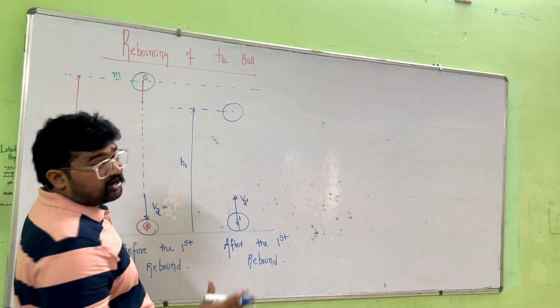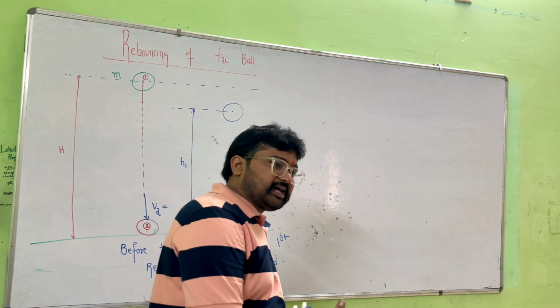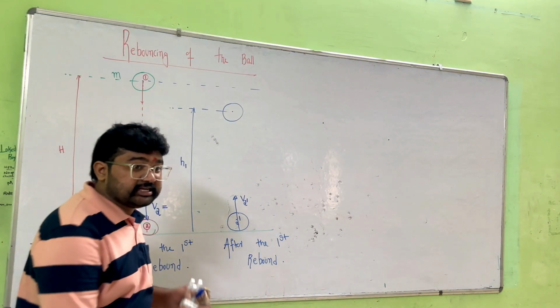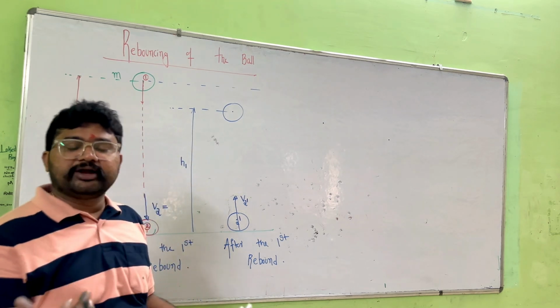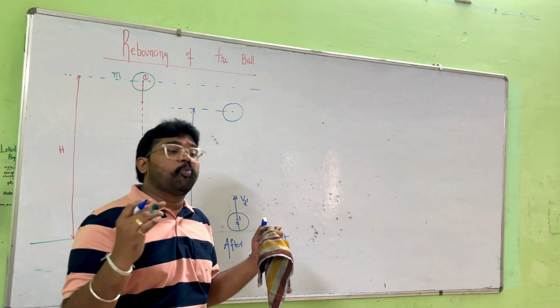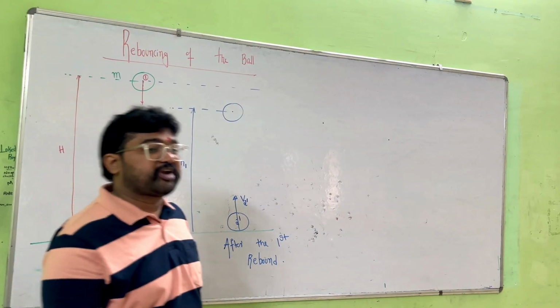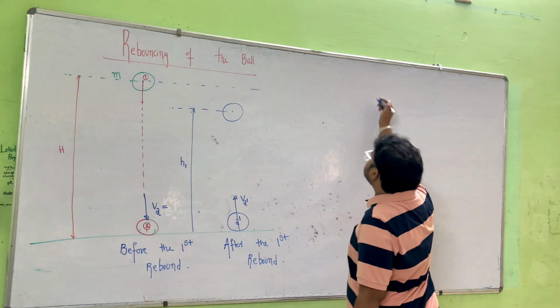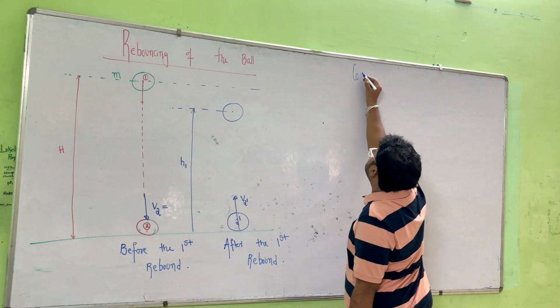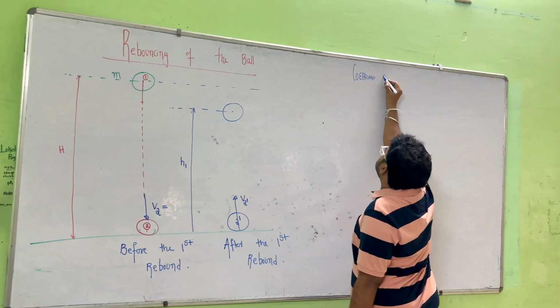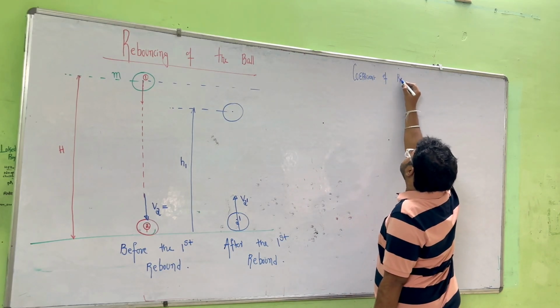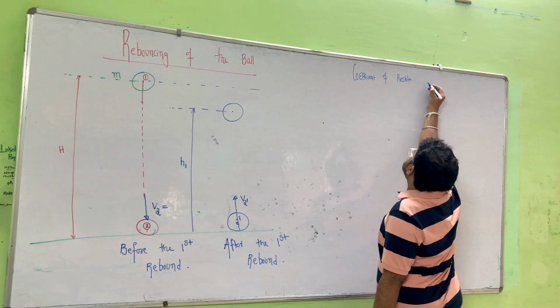Now, there is some loss of energy here when it hits. The coefficient of restitution is not 1. Understood? It is a fraction. What is the coefficient of restitution?